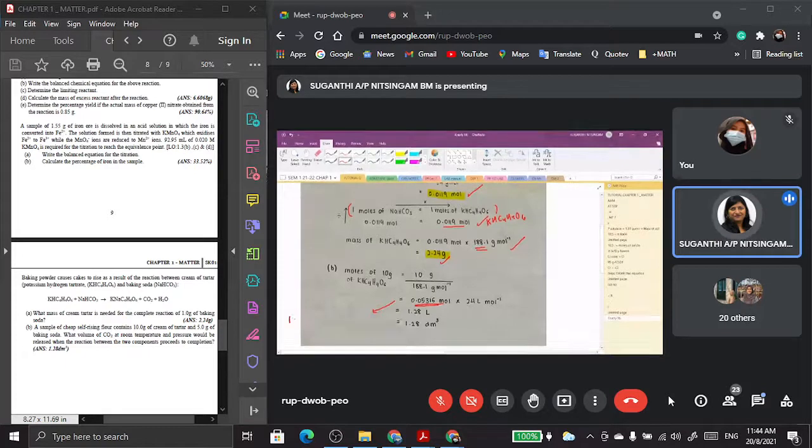Okay, 1 mole at room temperature occupies 24 decimeter cube. Decimeter cube or liter sama. So 0.05316 occupies inilah. Okay, sebab tu dia dapat ni, betul.